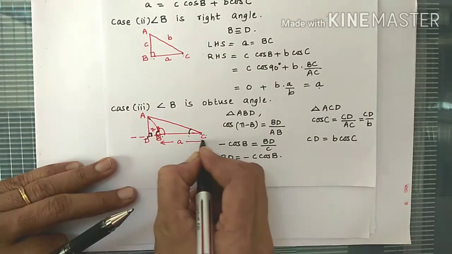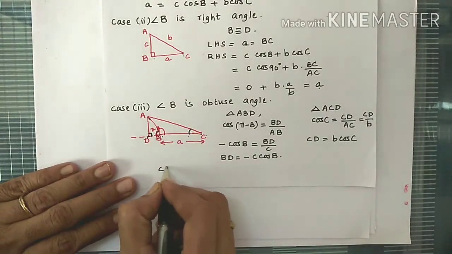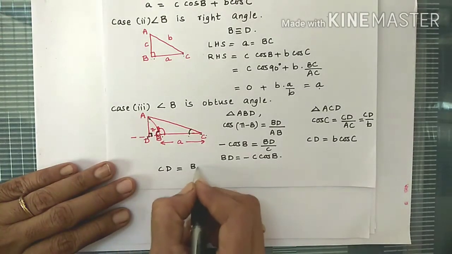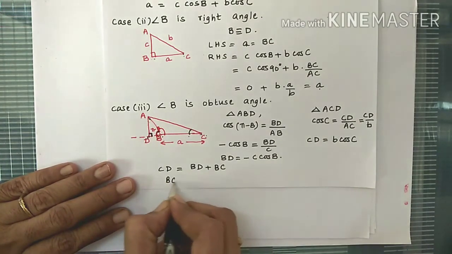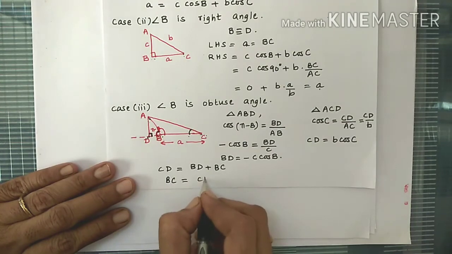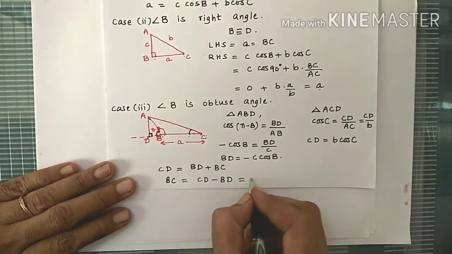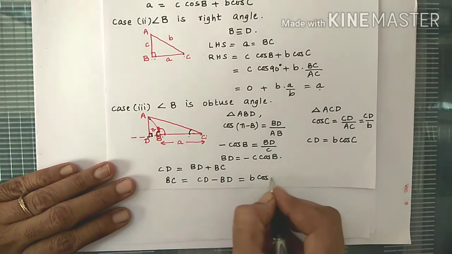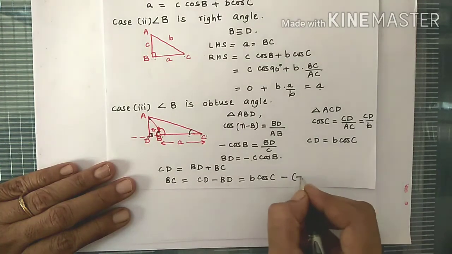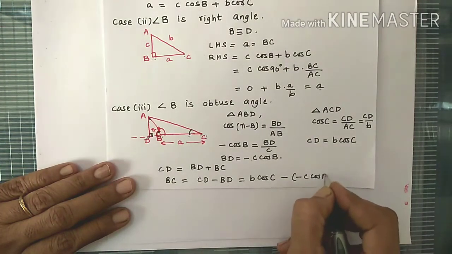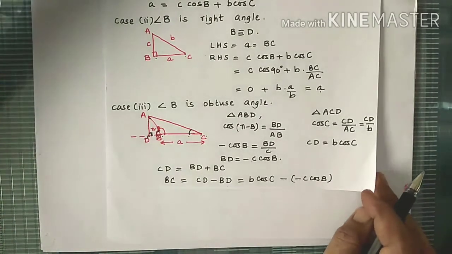So here CD equals BD plus BC. That means BC equals CD minus BD. CD is b cos C, minus BD, and BD is minus c cos B. So that becomes b cos C plus c cos B.